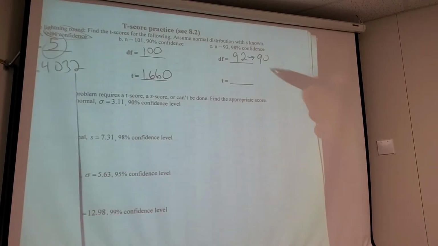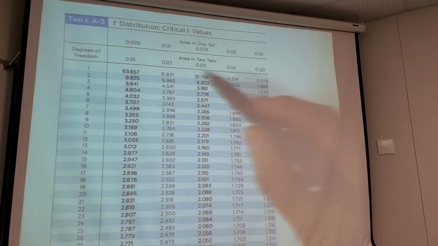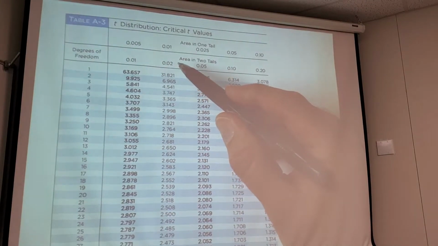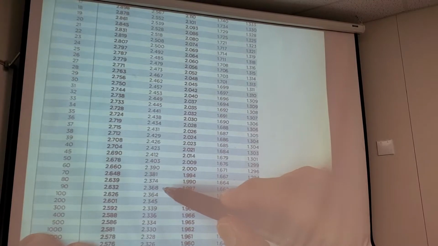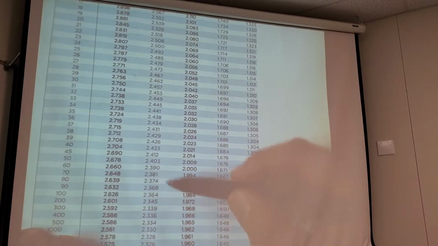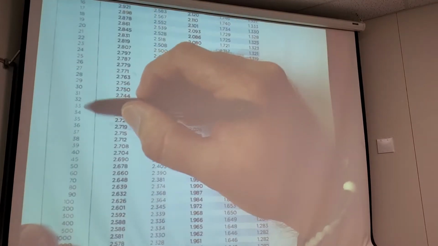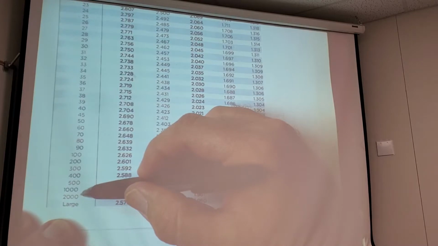So if I go to 98%, which column am I going to use? 2%. And then I just stop at 90. Bam, 2.368. Somebody pointed something interesting out. See how they're changing by 1 right here? And then they start changing by 5. And then they start changing by 10 and 100 and 500.